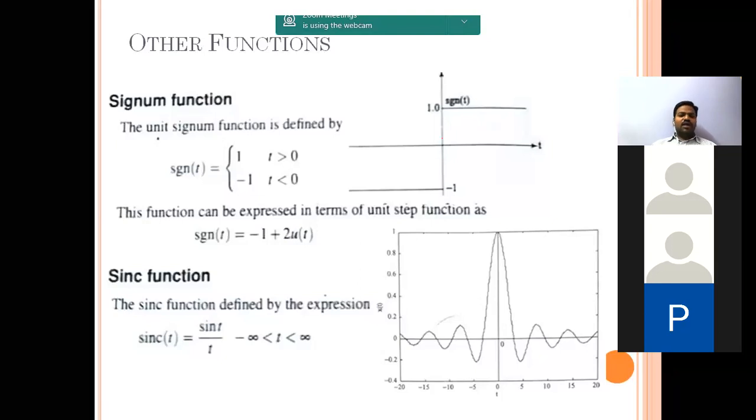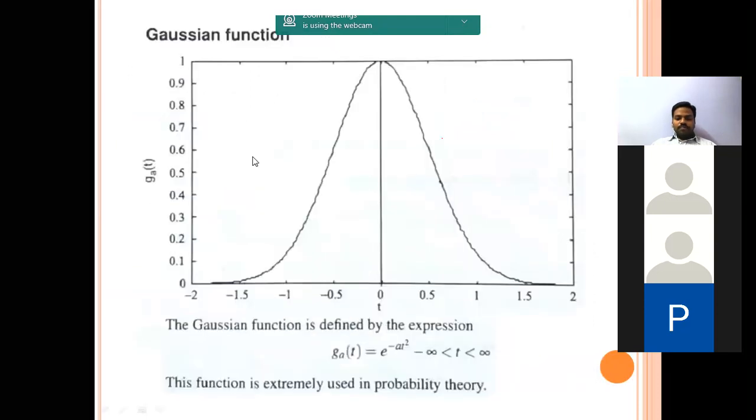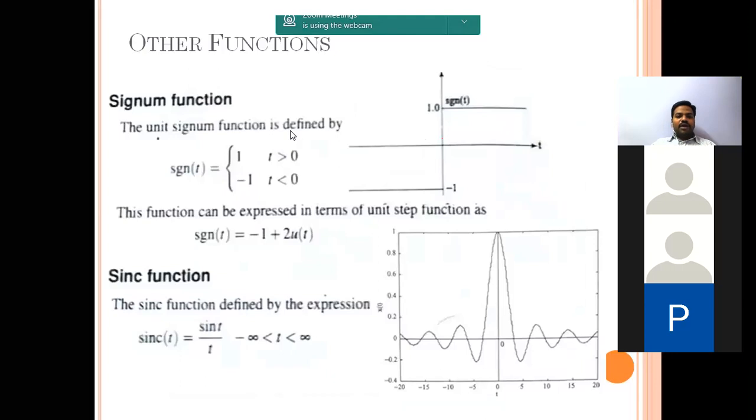Now see here, the signum function. The unit signum function is defined by the mathematical expressions, and can be denoted with sgn of t, signum of t.